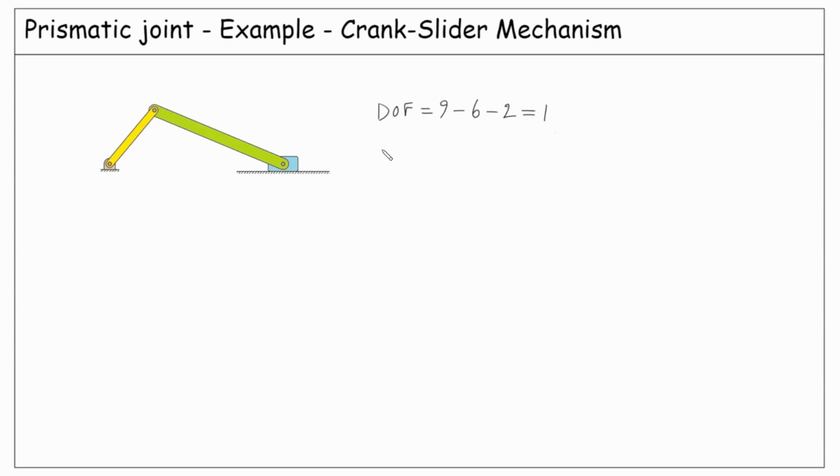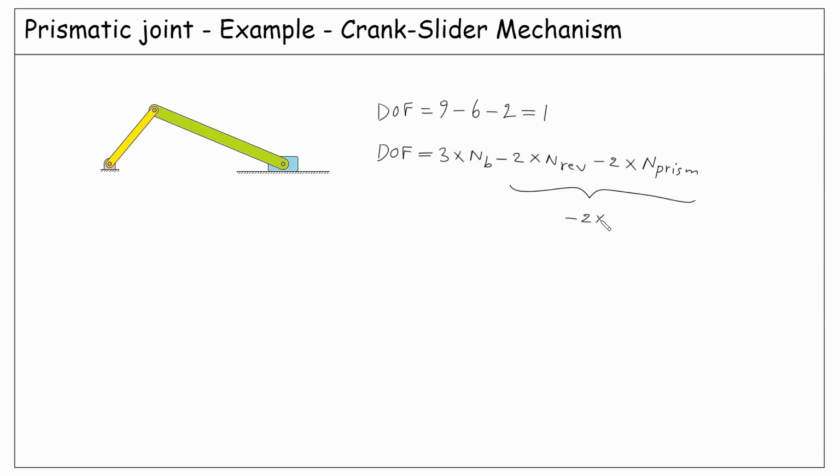Let's extend the formulation we already derived. The degrees of freedom is 3 times the number of bodies minus 2 times the number of revolute joints. This is what we had so far. Now minus 2 times the number of prismatic joints, because every prismatic joint also cancels 2 degrees of freedom. If we combine the number of revolute and prismatic joints, we can call their summation J1.